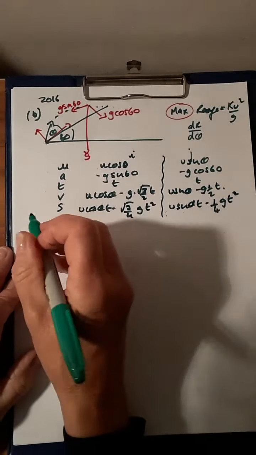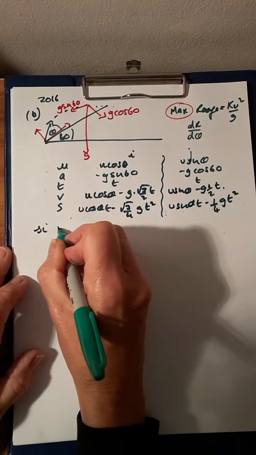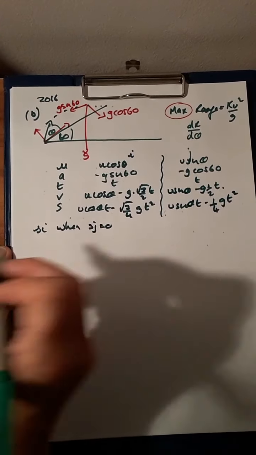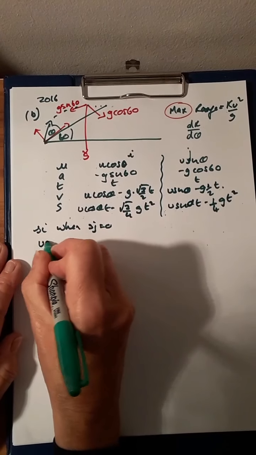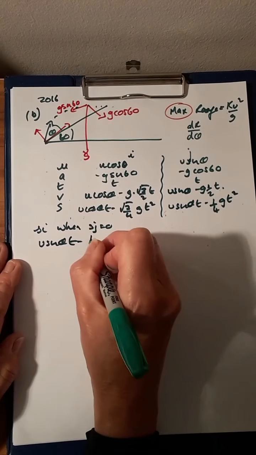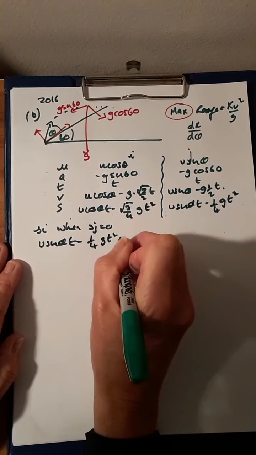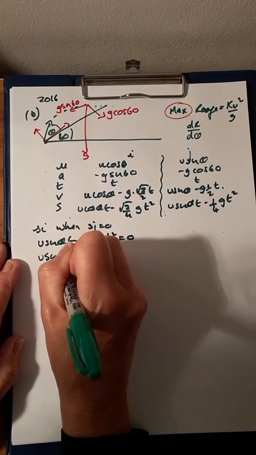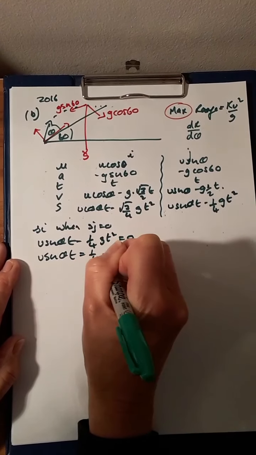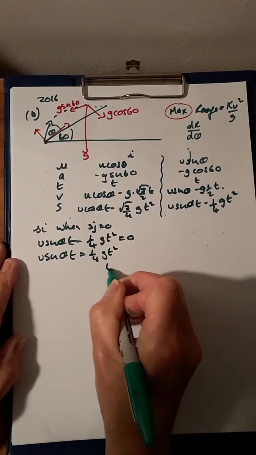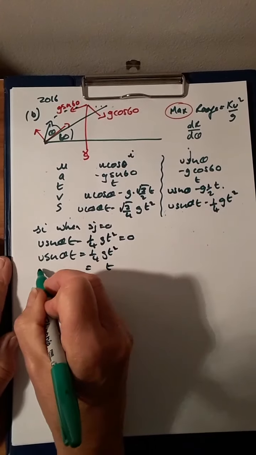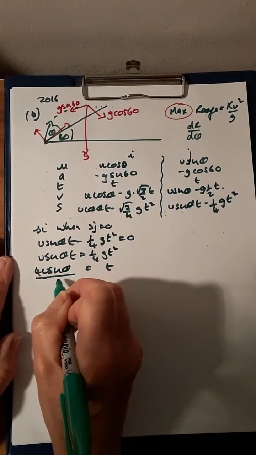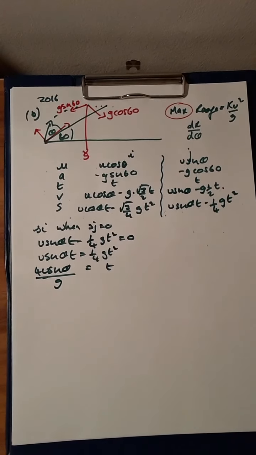If I'm talking about range, then I'm looking for the SI when the SJ is 0. So let's put the SJ equal to 0 here. U sine theta t minus a quarter gt squared, put that equal to 0. This will give me U sine theta t equals a quarter gt squared. Divide across by t and bring over that 4 on the g, and you'll get 4 u sine theta over g is equal to t.